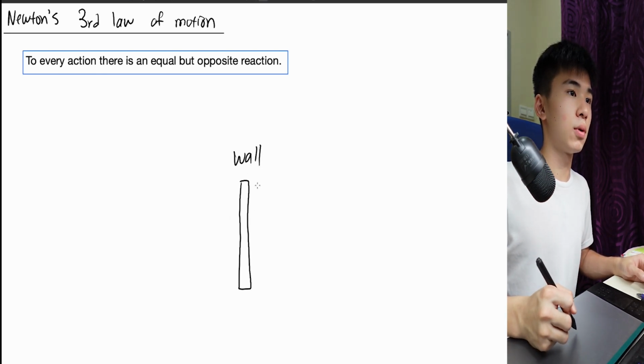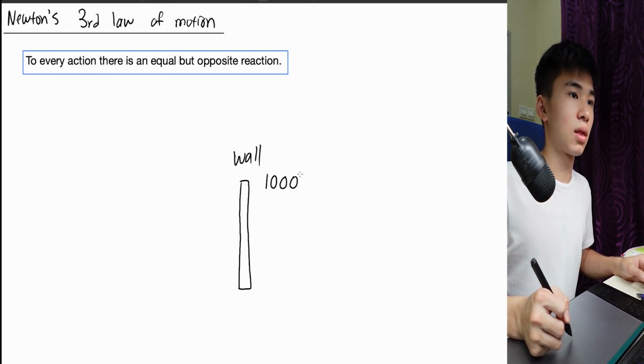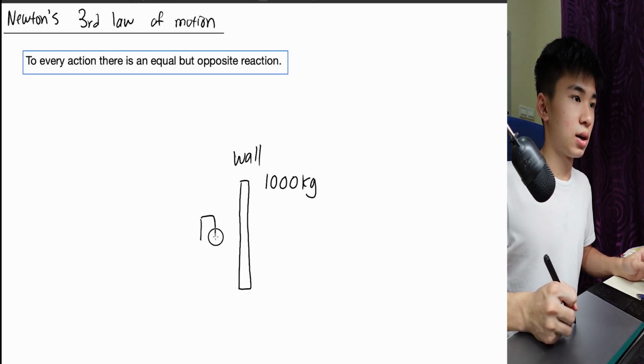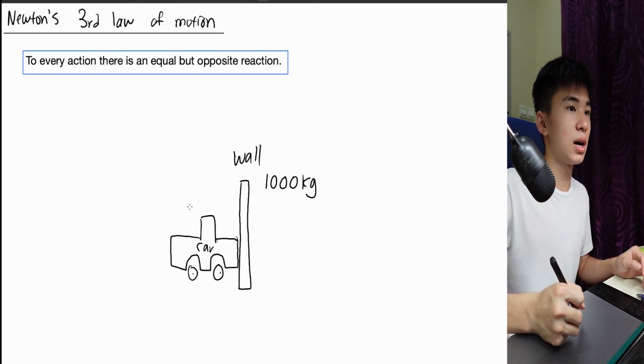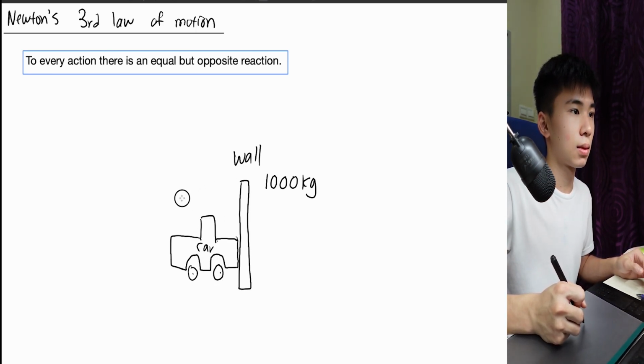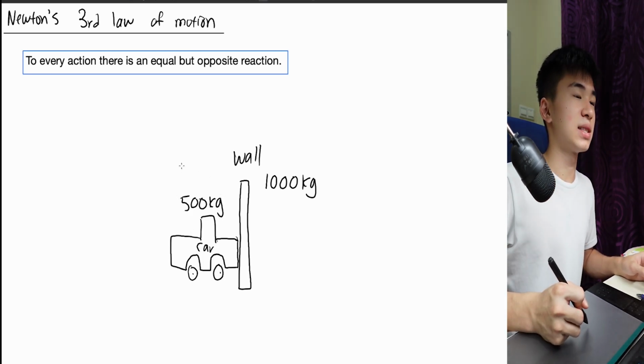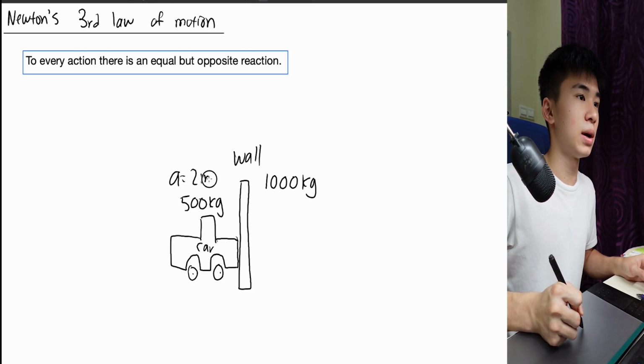So right now, I'm going to draw a wall. And the mass of this wall is 1000 kg. And this car hits this wall. The mass of this car is 500 kg, and the acceleration of this car is 2 m/s squared.